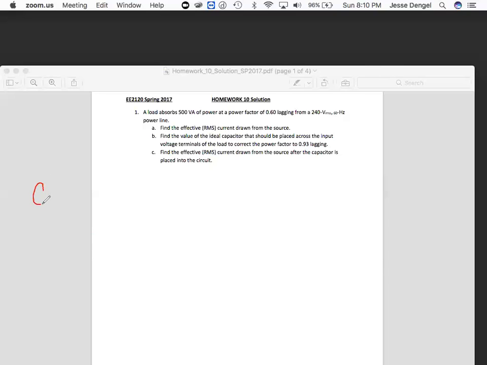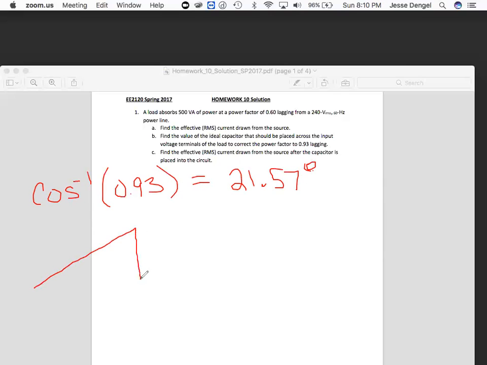Well, same cosine inverse of 0.93 yields the angle of approximately 21.57 degrees. So now we have what we need in a triangle. This 300 stays constant.